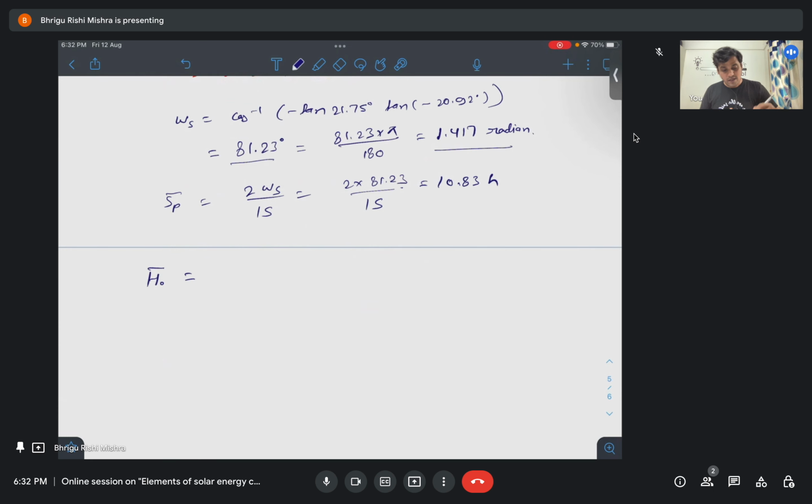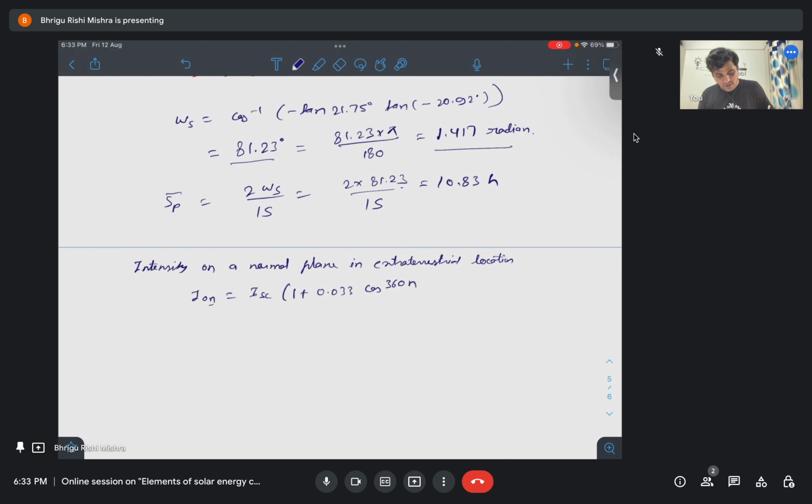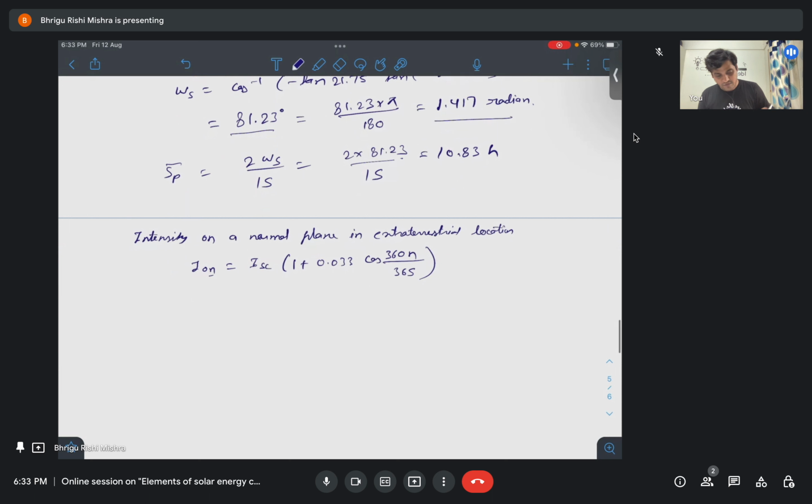We know the extraterrestrial radiation intensity on a normal plane in extraterrestrial location, here n depicts the normal, this is the normal radiation, I ON equals to I SC the solar constant, which is 1367 watt per meter square, times 1 plus 0.033 cos of 360 n by 365.